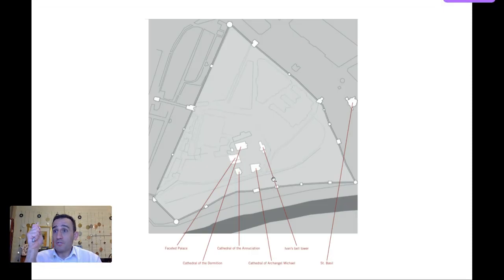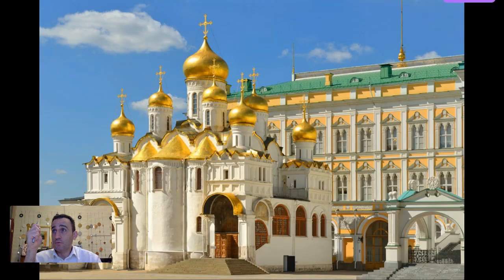Okay, from Dormition, we're going to move to the Cathedral of the Archangel Michael. We see what I would describe as a little bit of a refinement and an advancement on what we saw at Dormition.